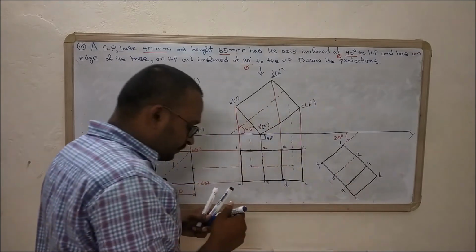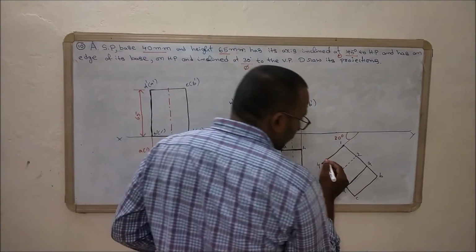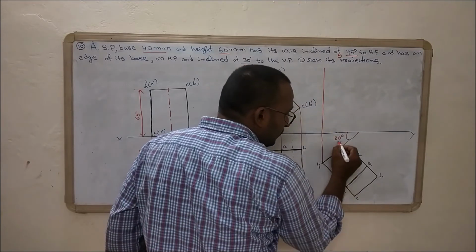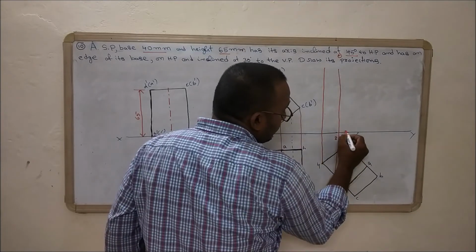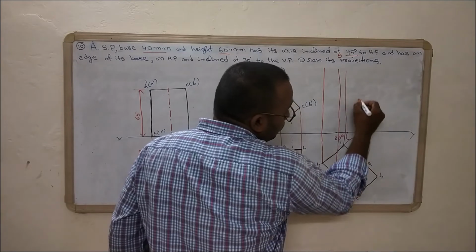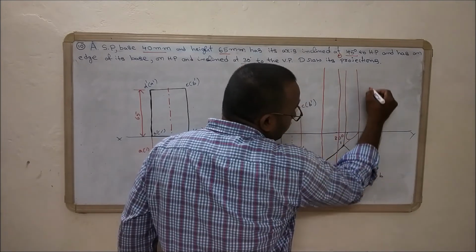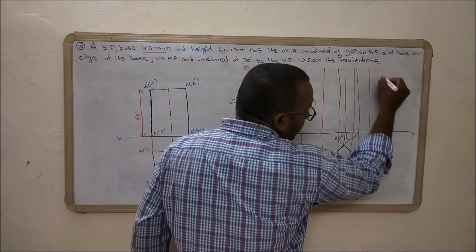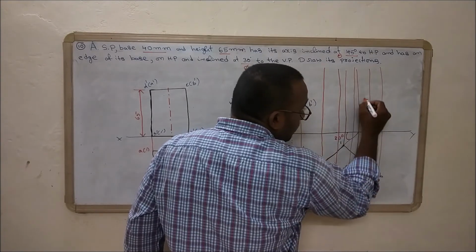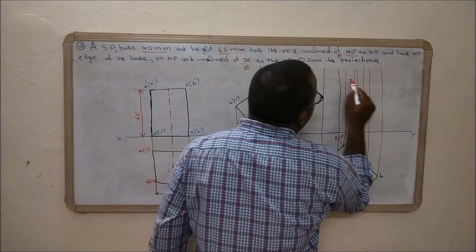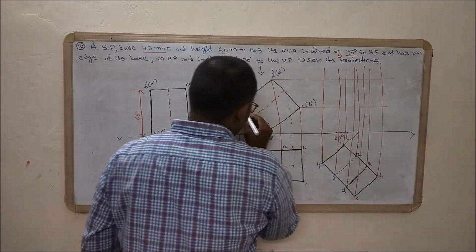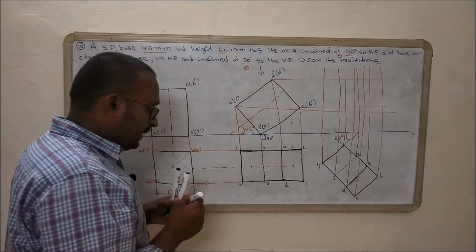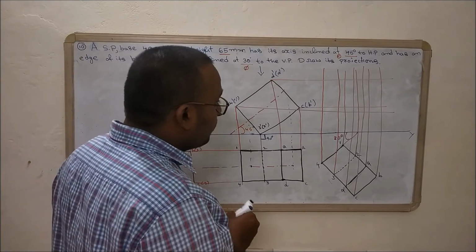So here 4, 3, 1, 2, A. So here the intersecting points should be marked.